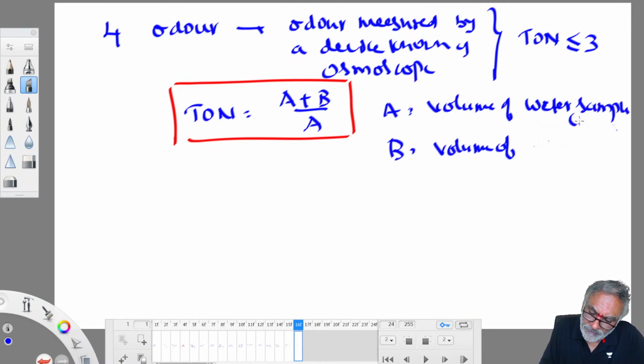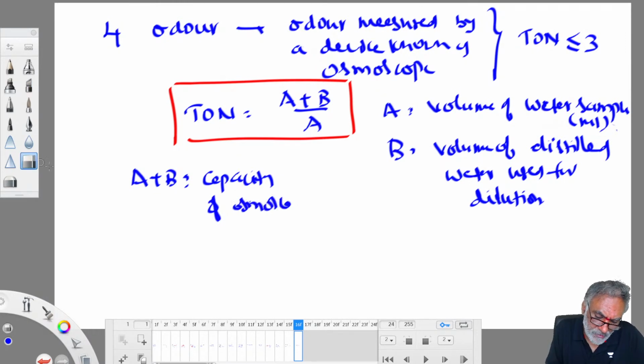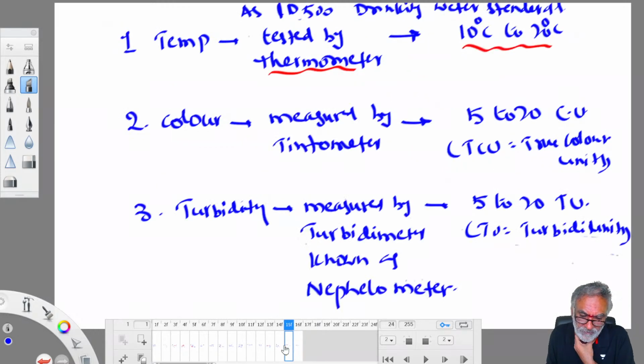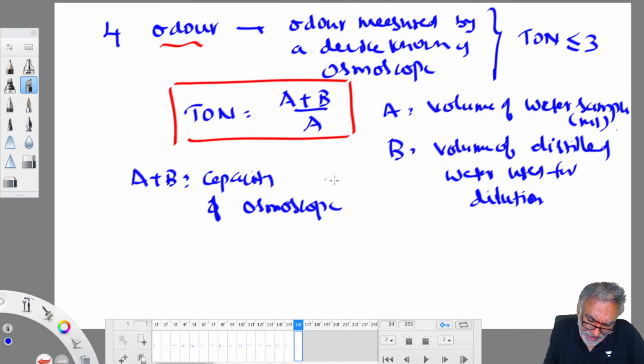So A plus B is nothing but the capacity of the osmoscope, which is normally 300 ml.